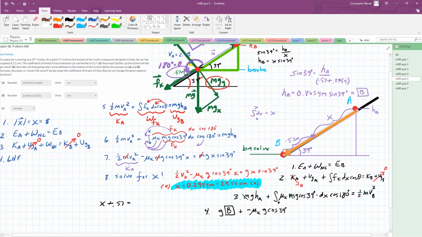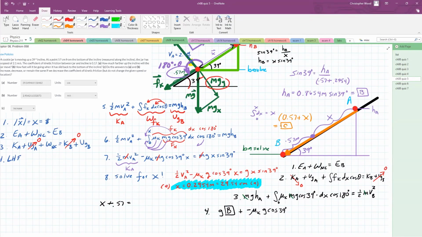Okay, so this orange vector, maybe I'll redo it over here. This orange vector distance, this displacement, is 0.57 plus that X value, which was the solution to part A. So I'm going to just have this in memory location C. 0.57 plus 0.2954 and some change.